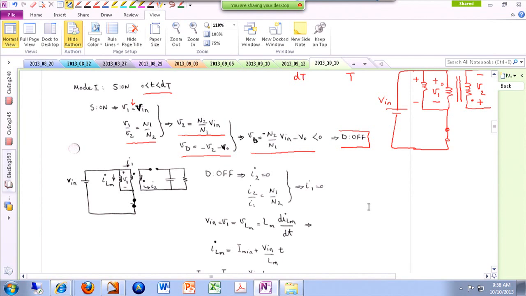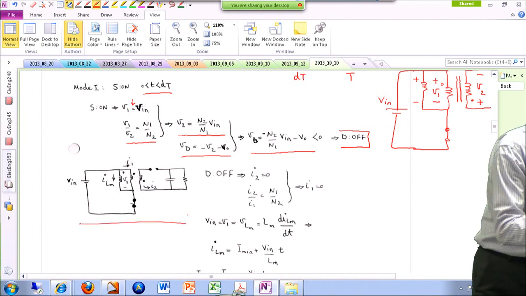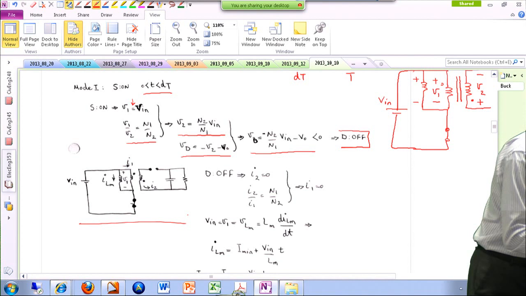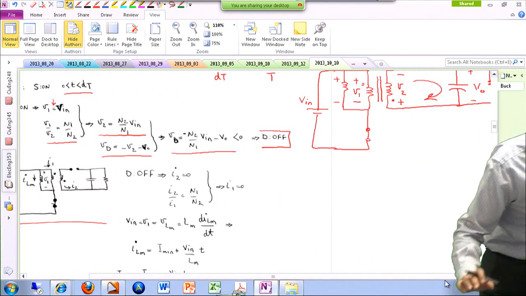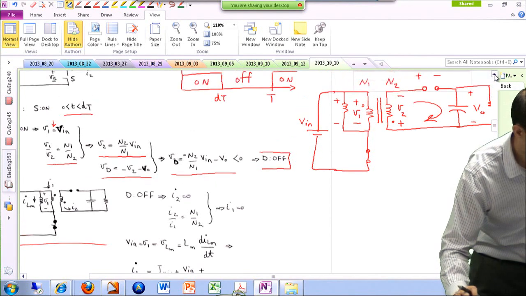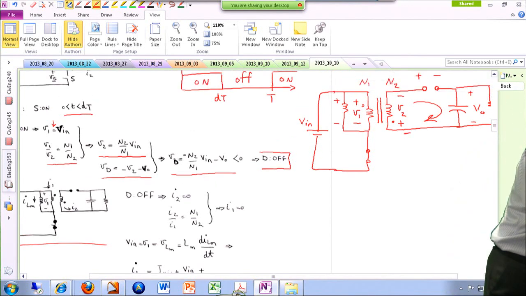All right, so this is the circuit that I just drew on the right-hand side. I know that because the diode is off, there is no current. Remember, if you only have two windings, the primary side current flows into the dotted node, and the secondary side current flows out of the dotted node.